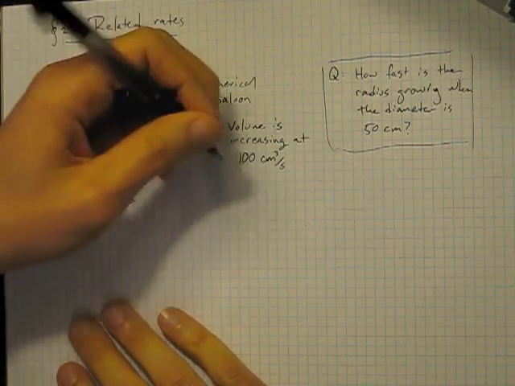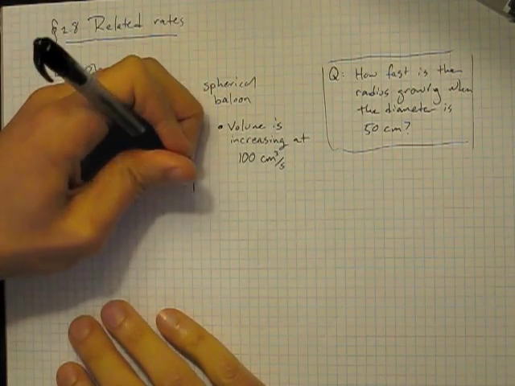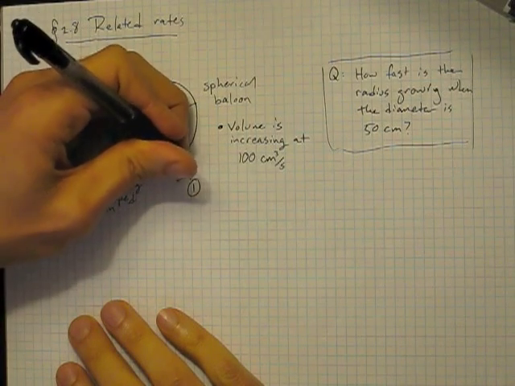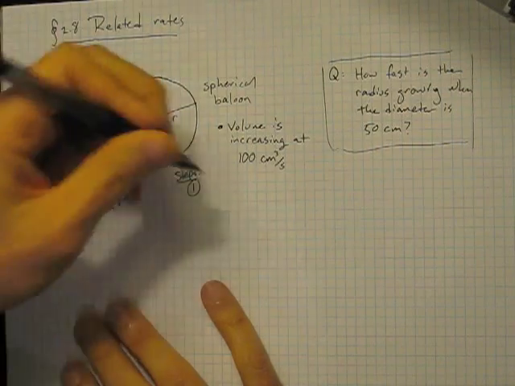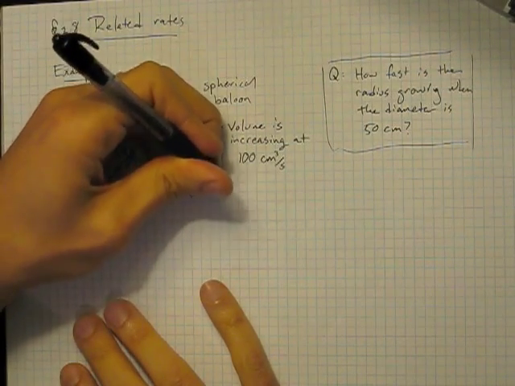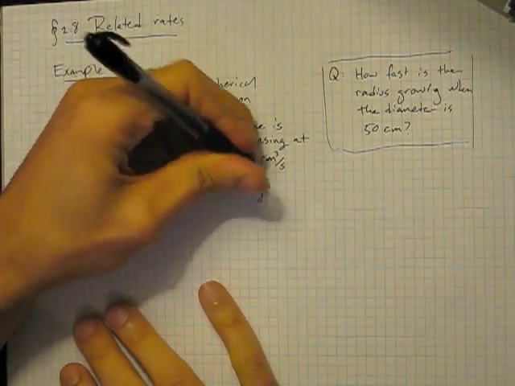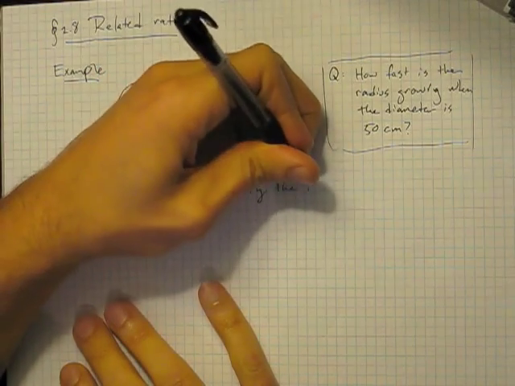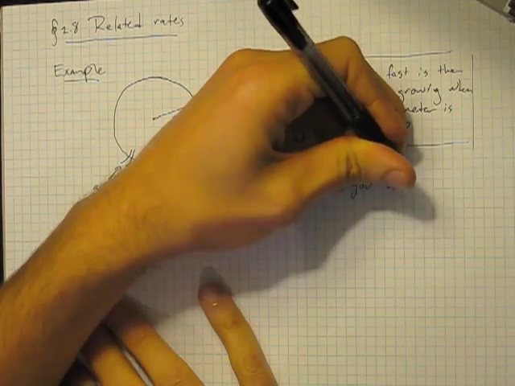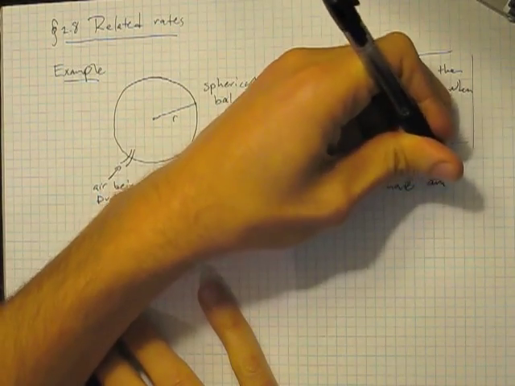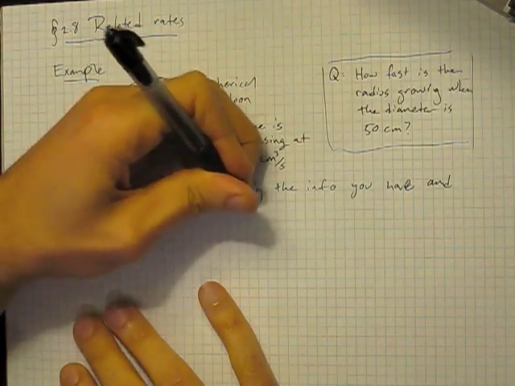So let me give you the basic breakdown of how to do a problem like this. These are the steps to answer this question. The first step is to identify the info you have and the info you want.